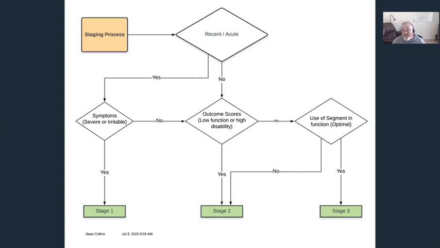And if they're not able to use it because of signs or symptoms, this is when we start to think of something called a concordant sign. Every time I flex my hip, it really hurts. So I don't flex my hip. I avoid that function. Then now you're looking at stage 2. If they're able to use their hip, then you're looking at stage 3.